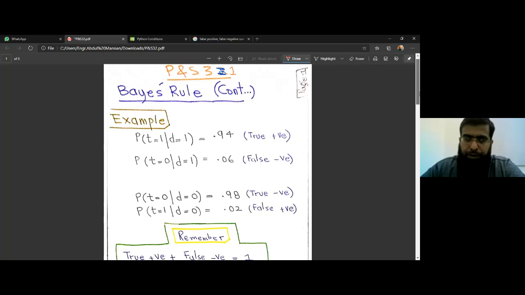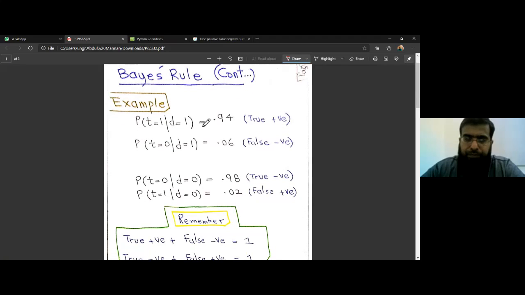The example is that we are given these two probabilities, this one and this one. Probability that a medical test gives us the result that the disease is there, given that the disease was actually there. So it detects a disease when the disease is actually there.